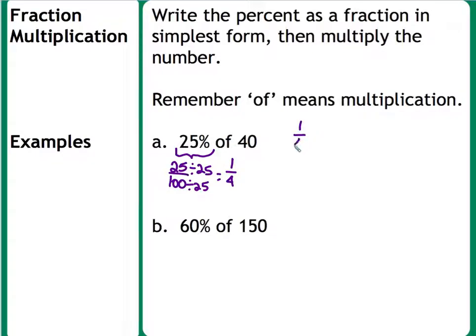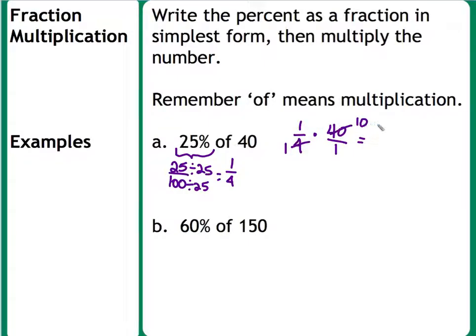So 1/4 of means multiply 40. And again, how do we multiply a fraction by a whole number? Well, we put the whole number over 1, because 40 divided by 1 is still 40. And now we can go ahead and do the multiplication. So I'm going to simplify before I multiply. So 4 and 40 are both divisible by 4.